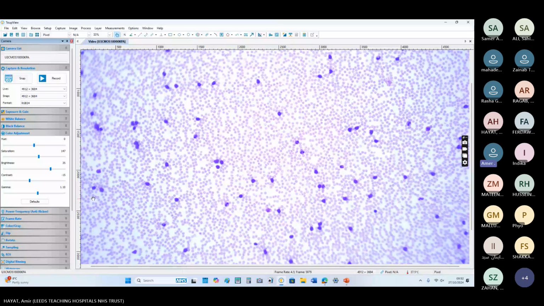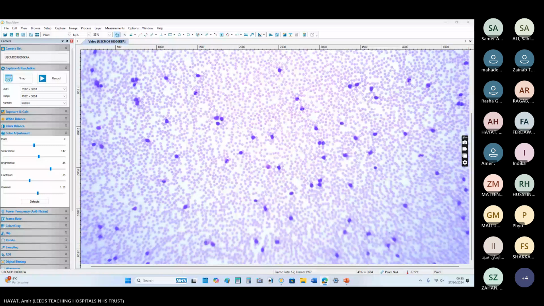This is power 10 at the moment, and then I will go to power 50. Anyone from the lab side? I can see a lot of lymphocytes, monomorphic lymphocytes, and I can see one smear cell, 2 smear cells. Okay.